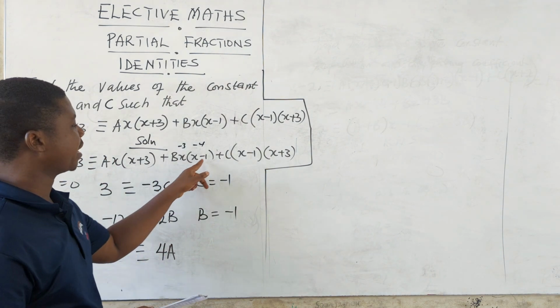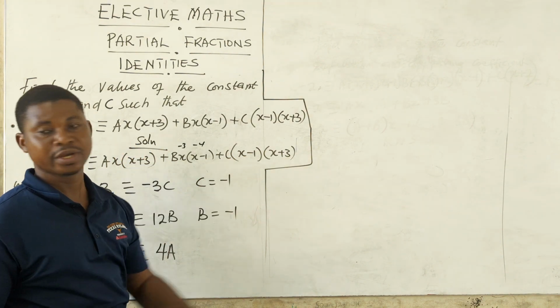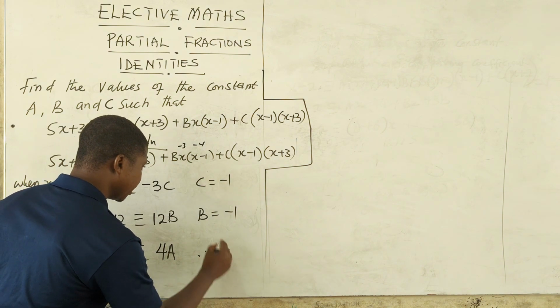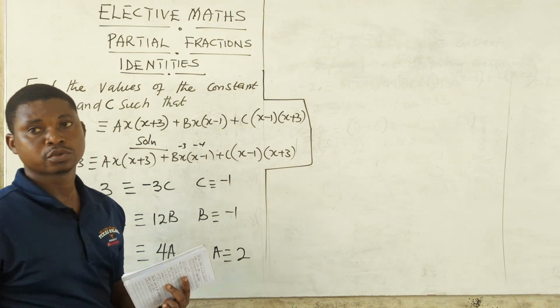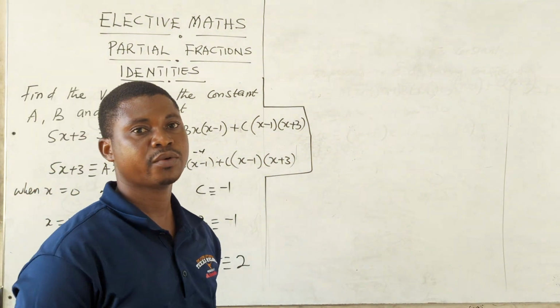When you put 1 here, 1 minus that is 0. 0 multiplying everything will be 0. 1 minus that is 0. So b and c are gone. So therefore, our a is also giving us 2. So this gives us the solution to this question.